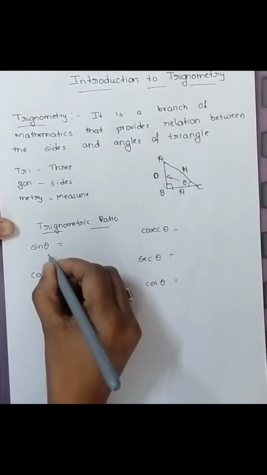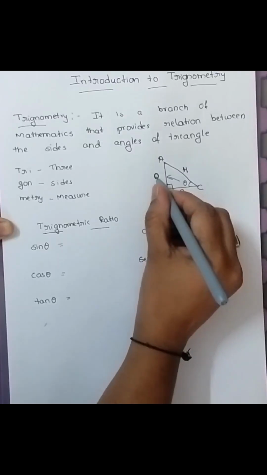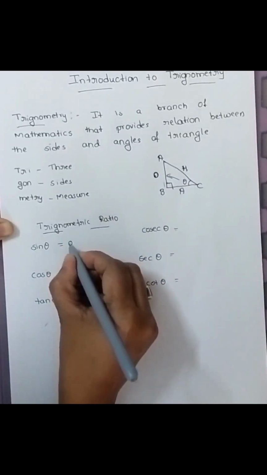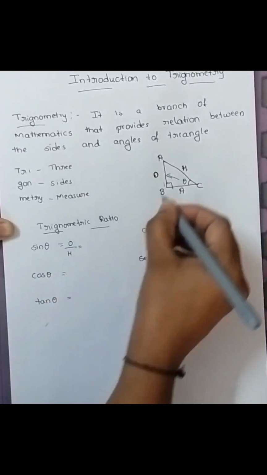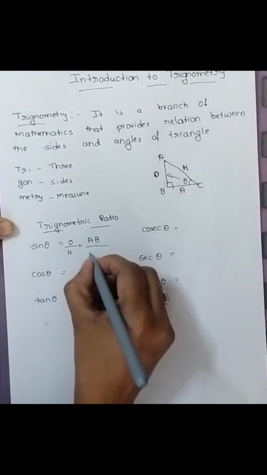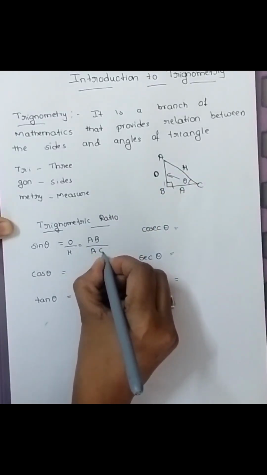So what is sin theta? Sin theta is opposite side divided by hypotenuse, that is O by H. What is O here? AB. What is H here? AC. The H is nothing but the hypotenuse.